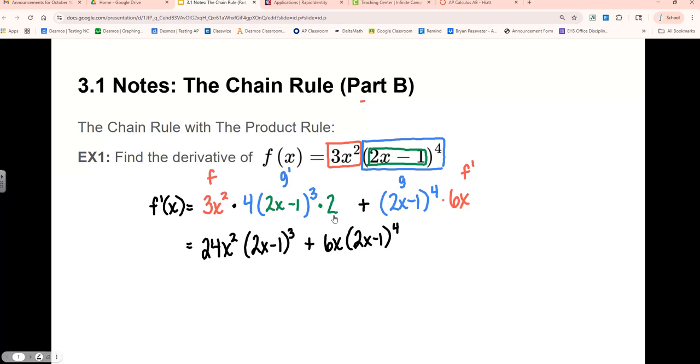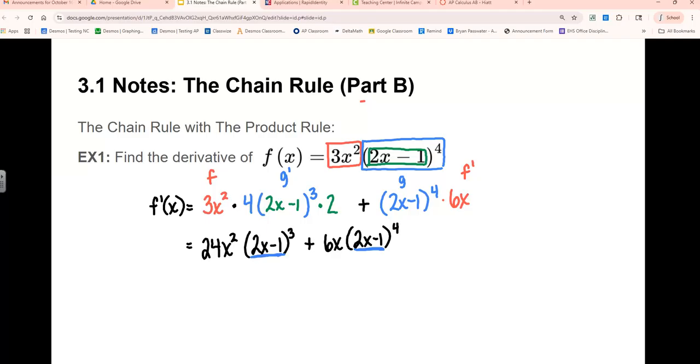So what you should be noticing, what you're looking for, you might not be looking for it because we haven't done a lot of problems like this, but I've got a 2x minus 1 here, and I've got a 2x minus 1 here. Okay, it is almost like having a different variable, like a y to the 3rd and a y to the 4th. I can factor that out front.